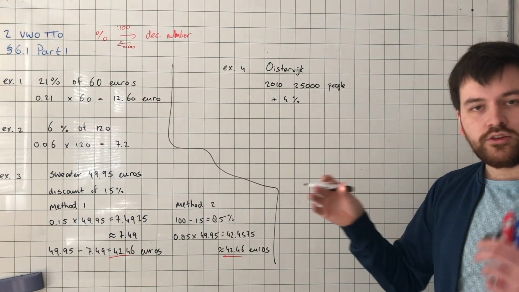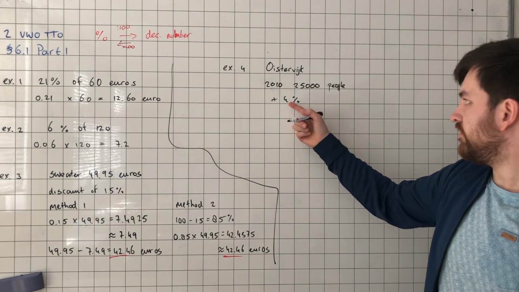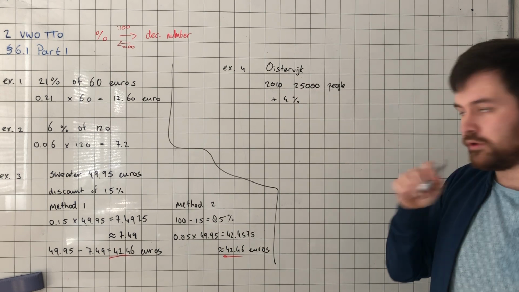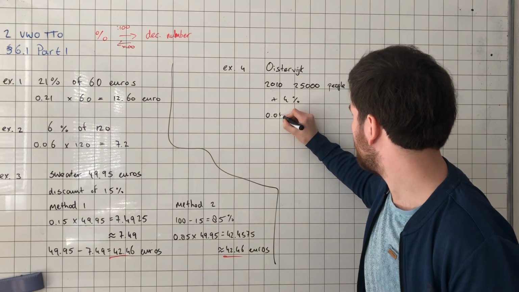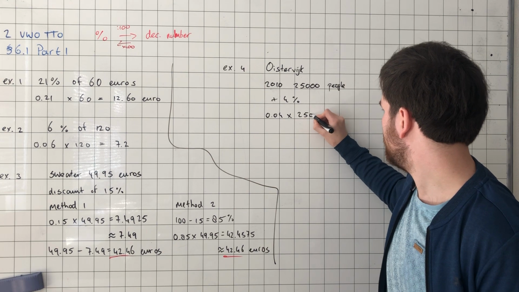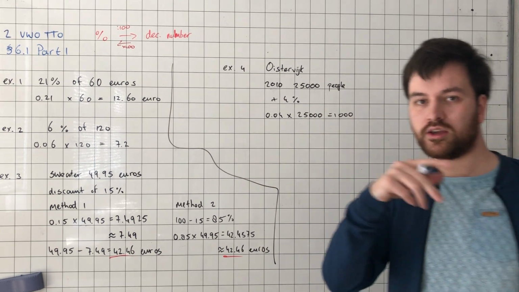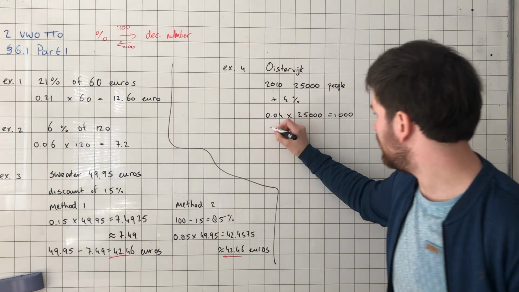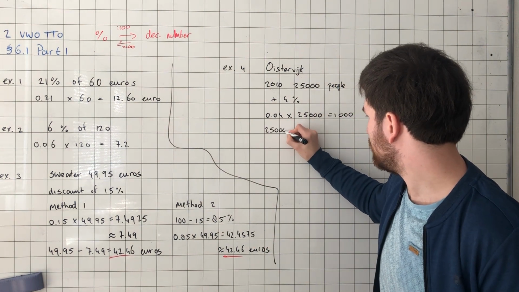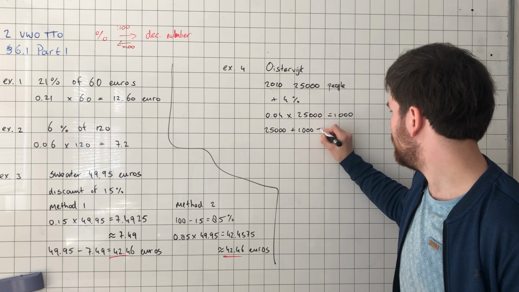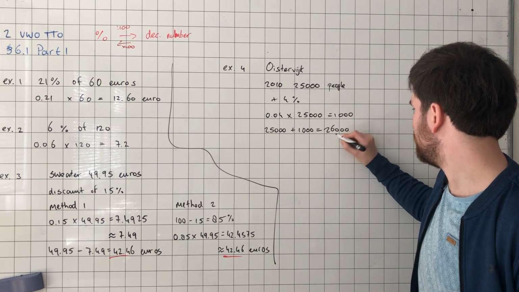Then you can calculate it in 2 different ways. Again, you can calculate 4% of 25,000 first, so 0.04 times 25,000, which is just 1,000. Since it increases with 1,000, the new amount becomes 25,000 plus 1,000, which is 26,000 people.